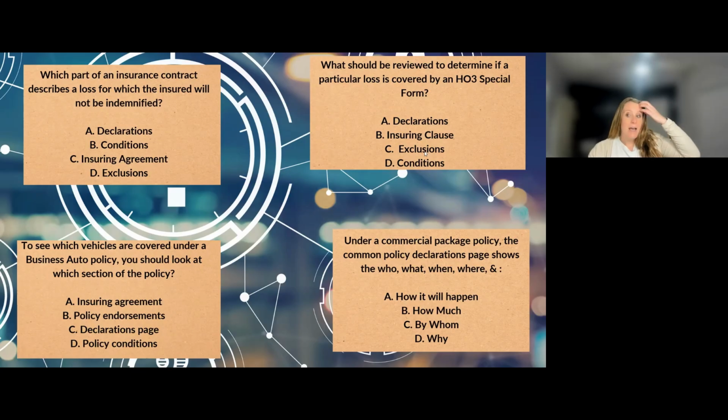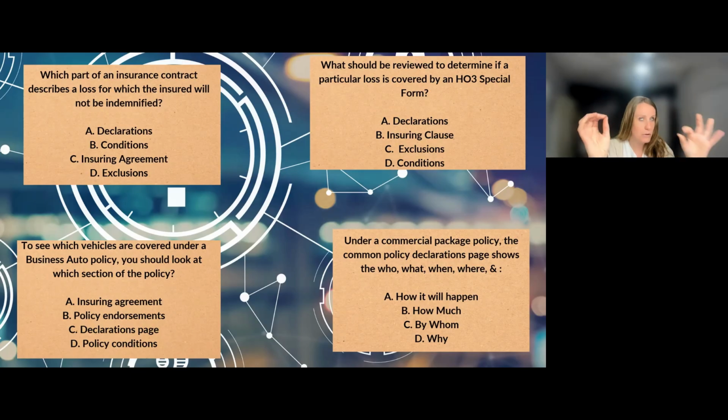So we're only going to have exclusions. Same thing with HO3 and HO5, right? So for those, to find out what's covered or what's not covered, you would look at exclusions. If it's any other policy, right? If it's an HO1, HO2, HO4, HO6, or HO8, you're going to look in the insuring clause, right? Because that's where it's going to list out those covered perils.